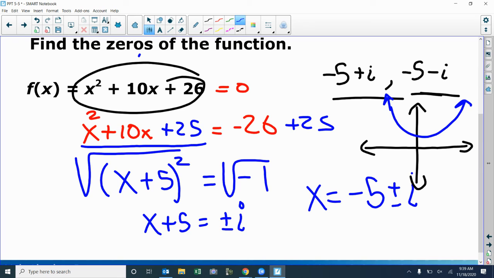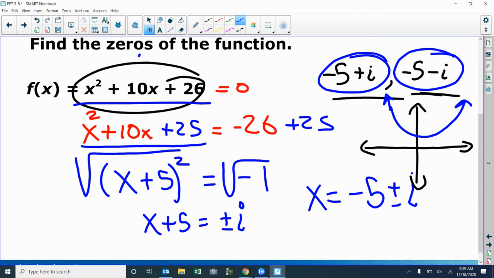Now that parabola has complex roots, which really means it never crosses the x-axis. Look at my parabola. It doesn't cross the x-axis.